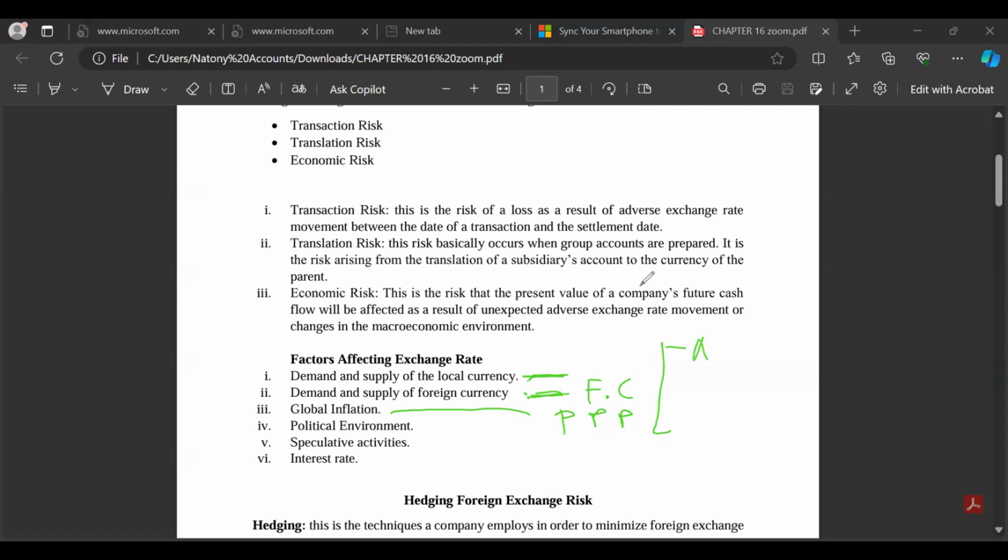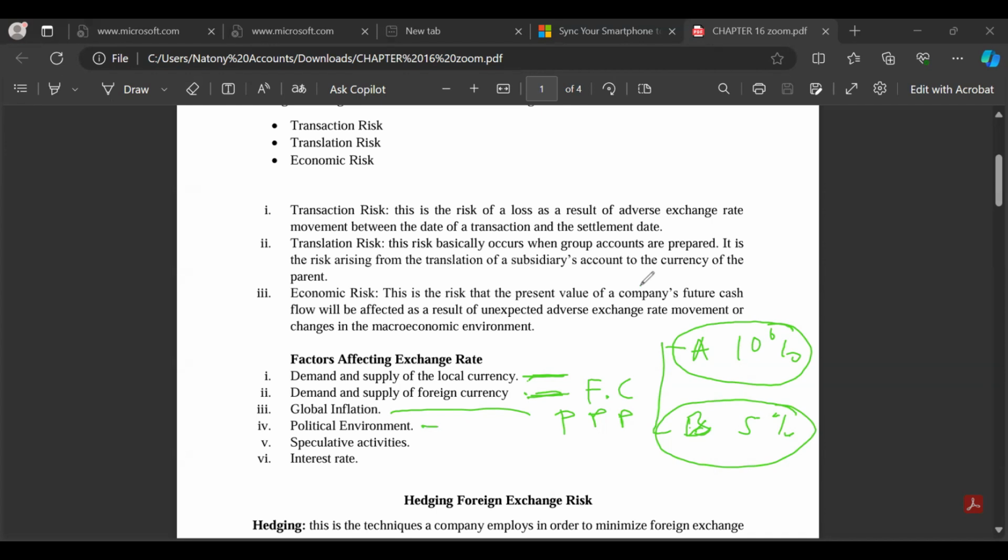So if country A has 10% inflation and country B has 5% inflation, the country with the higher inflation rate will suffer depreciation of currency, while the currency of the country with the lower inflation rate will keep getting stronger. So global inflation has a way of either strengthening or weakening the currency of a country.